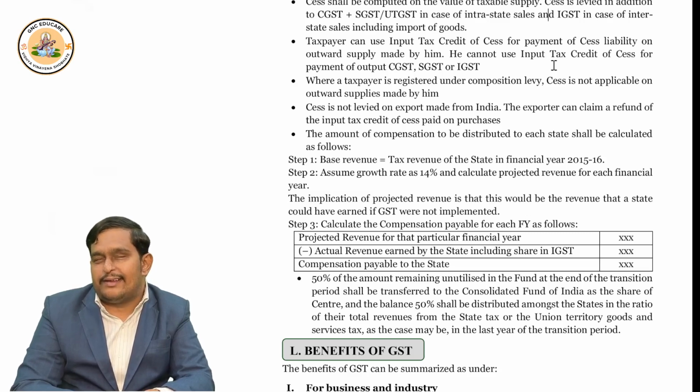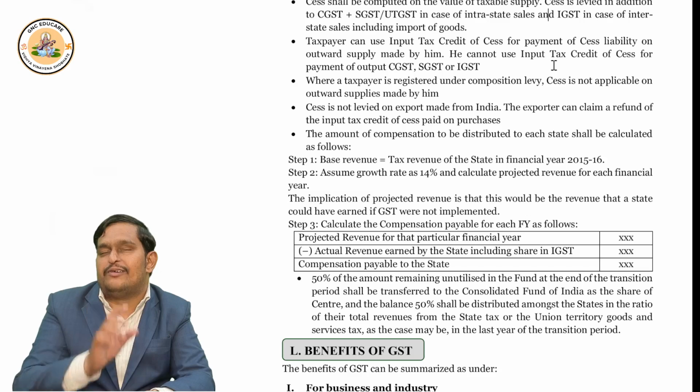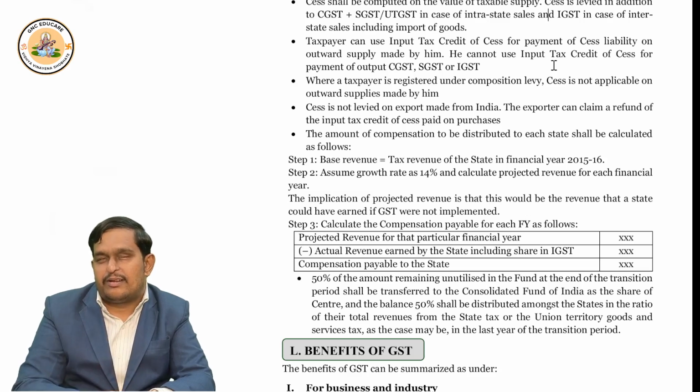So production is increasing. You will be shocked to hear, I'll tell you, that India has reached in the top 4 manufacturing hubs of the world. Top 4, right? So we always think that there are many countries which are rich.